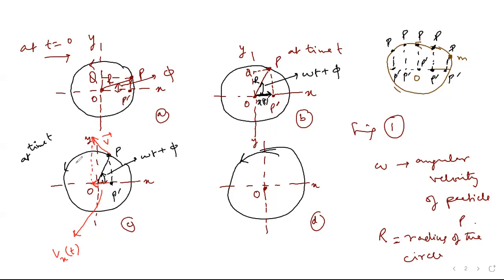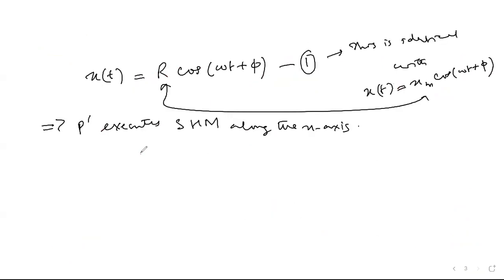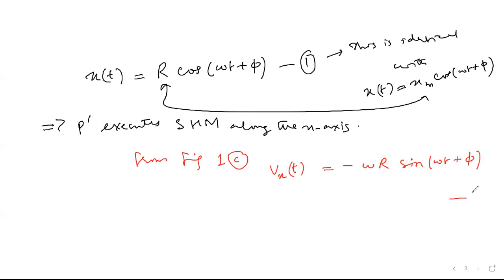So this Vx of t, when you find it from figure 1C, is minus omega r sine(omega t plus phi). I name it second.